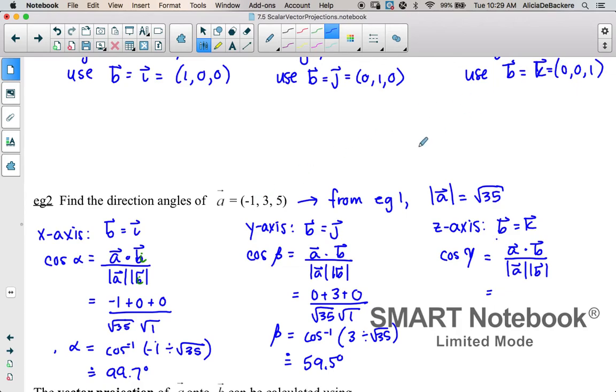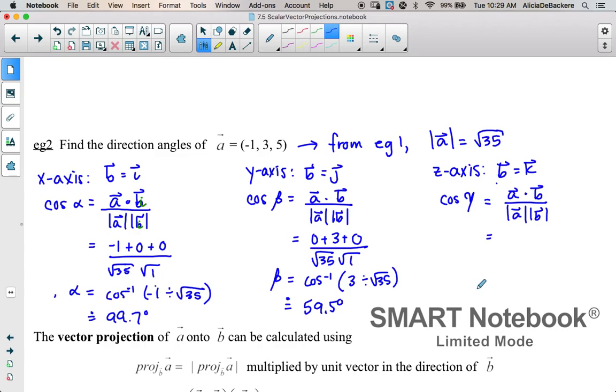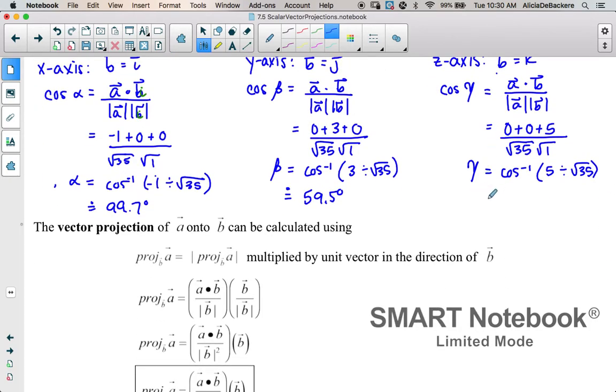So I'm going to get 0 plus 0 plus 5. And so this time when I isolate for the angle, I get 5 over root 35. And when I type that into my calculator, I get about 32.3 degrees.